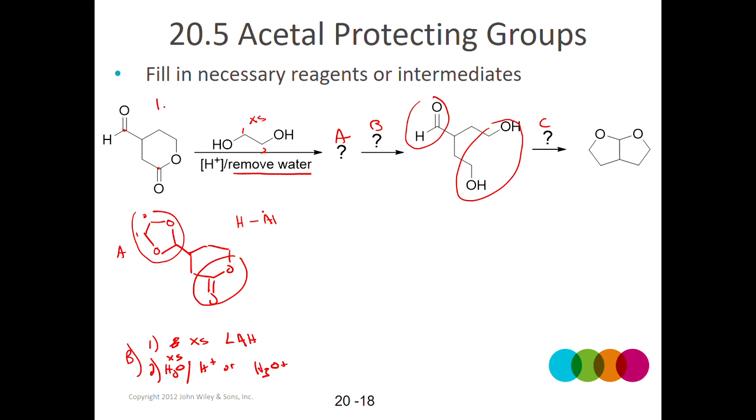The lithium aluminum hydride, the hydride comes off the aluminum, pushes these electrons up. So I'm just going to show this part of the structure. So now there's a new hydrogen there. Right, the hydride comes in, pushes electrons up. Then these electrons are going to swing back down and push this oxygen out.